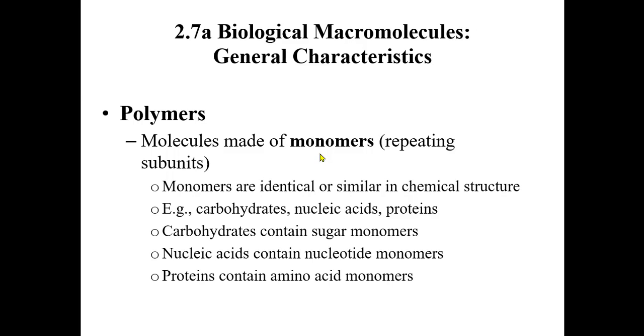So these three terms, monomer for a single unit, a dimer where two of them are put together, and a polymer where many of them are put together, apply to carbohydrates, nucleic acids, proteins, and things like that. They apply to all of the nutrients.